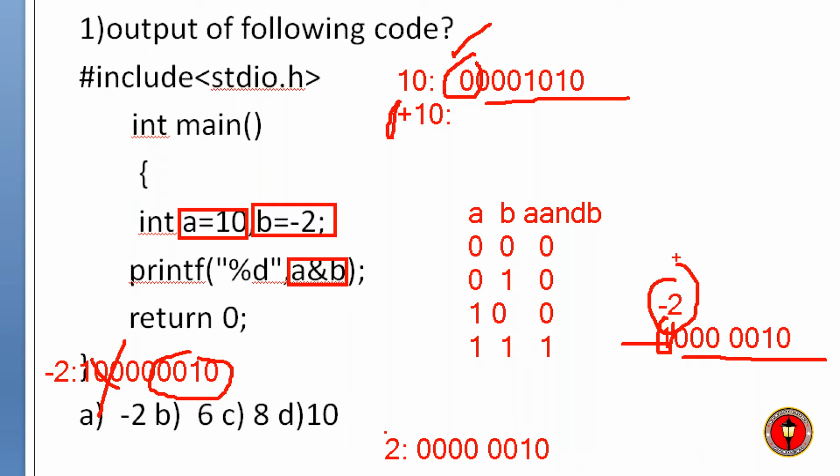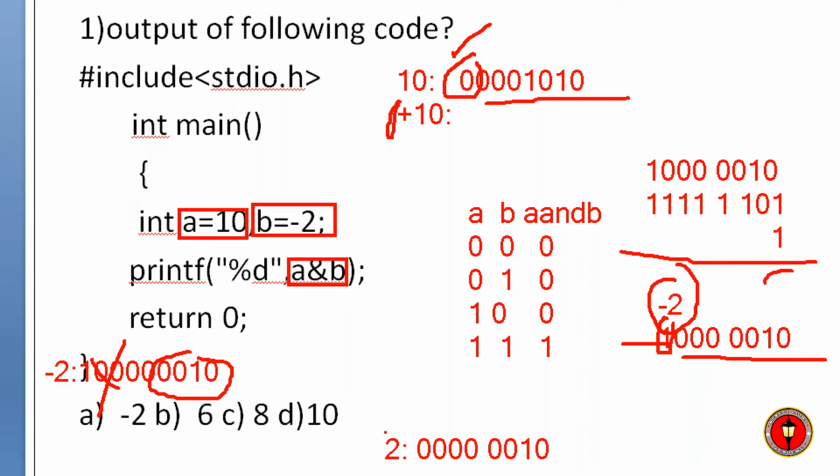But see, negative numbers are always represented in 2's complement form. So after getting this number, I have to convert it into 1's complement form. 1's complement means you keep the MSB bit as it is, and the remaining zeros change into ones: 1 1 1 1 1 1 0 1. Okay. And to get the 2's complement, add 1. Now 1 plus 1 is 0, carry 1, and 0 plus 1 is 1, and the remaining bits stay.